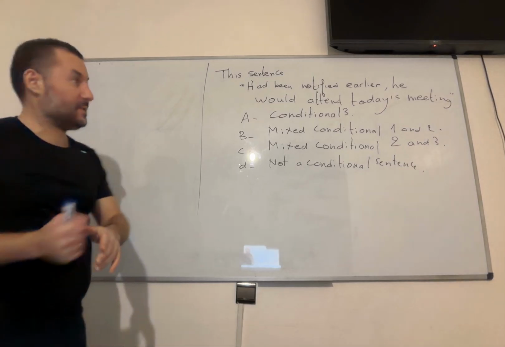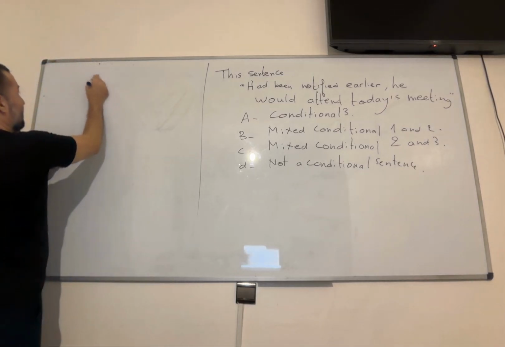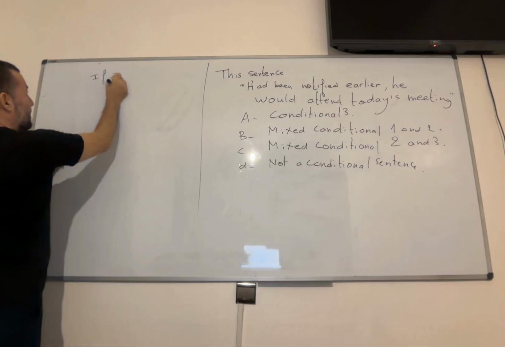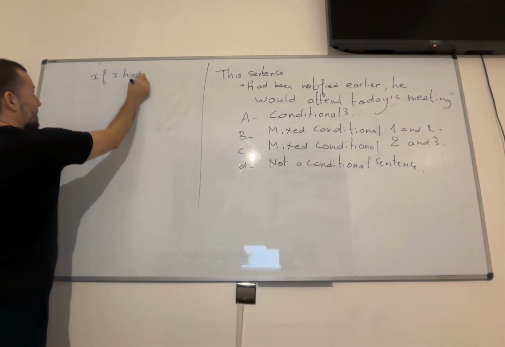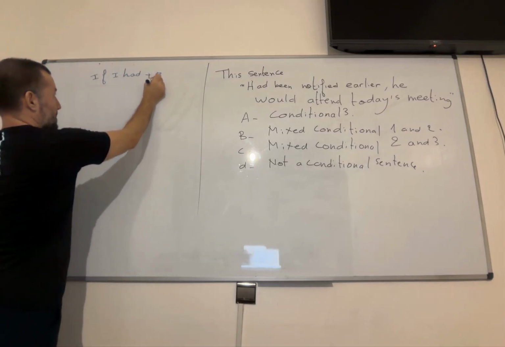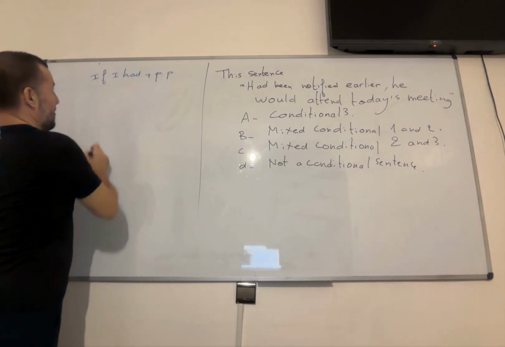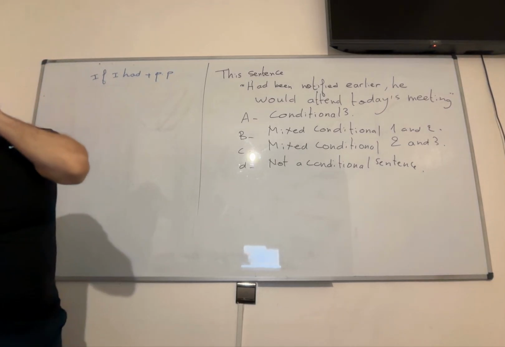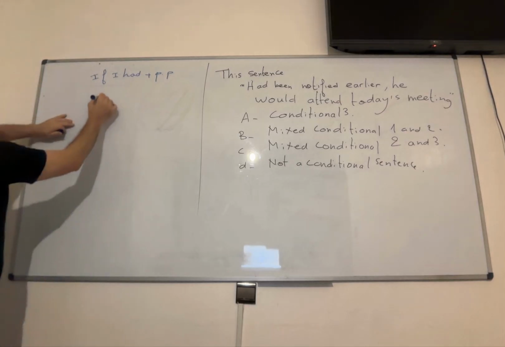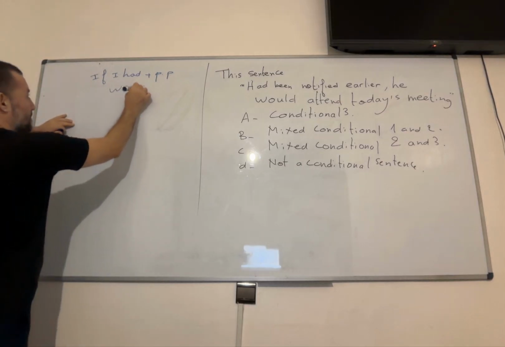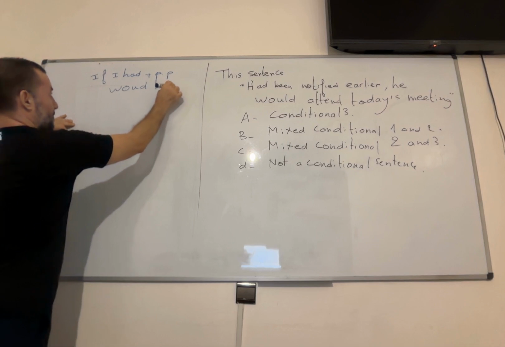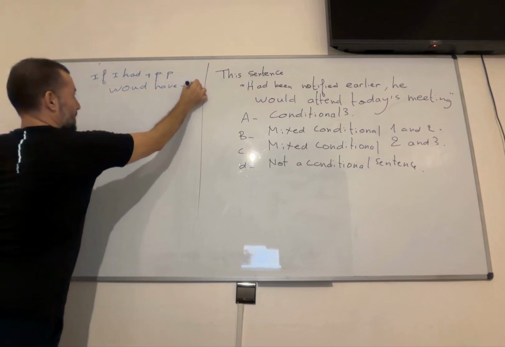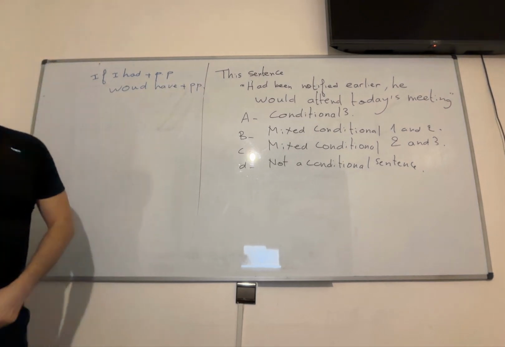So if I had plus a past participle, and then we have would have plus past participle. Let's give an example.